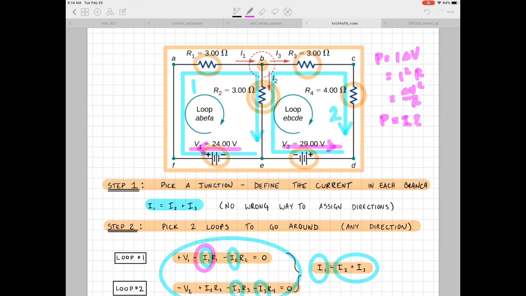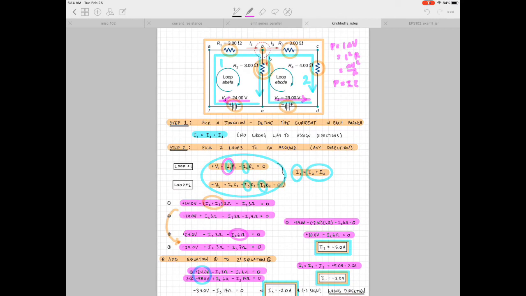This is the approach, just leveraging Kirchhoff's laws. So the basic idea here is that if you can reduce the circuit by finding equivalent resistance, you go with that approach and find the current through the battery, and then go back through using the junction rule and find the current through every element.